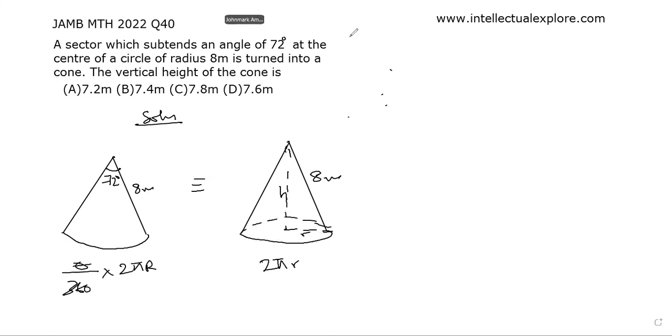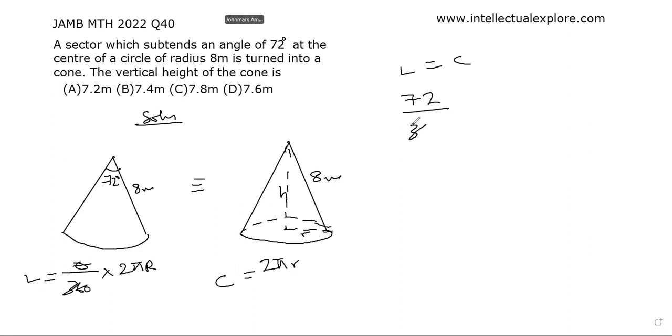So in that regard, what am I driving at? I'm trying to say that the length of this arc is the same as the circumference of this circle. So here is the length of the arc, and here is the circumference. So the length of the arc equals the circumference, and we equate these two things. Remember, theta is 72.